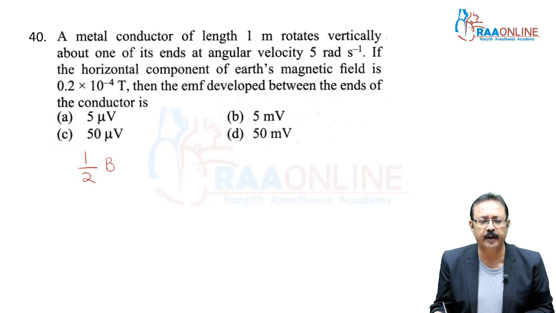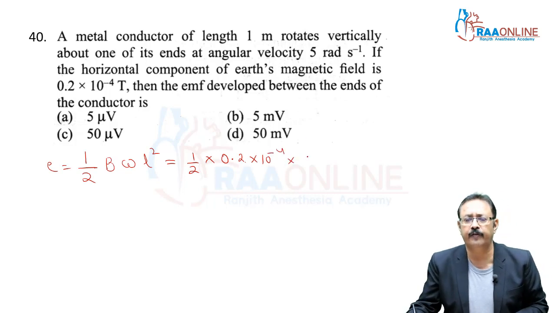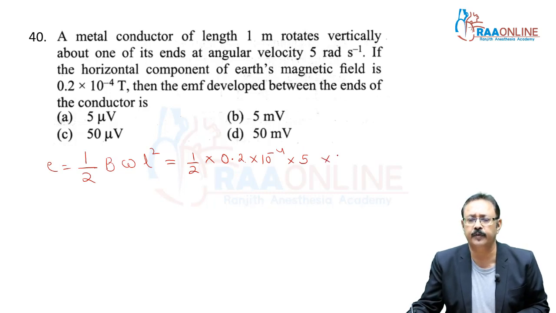So we will go with our formula, what we derived there, half in terms of omega, B omega L square. So everything is given. Magnetic field is 0.2 into 10 to the power minus 4 Tesla. Omega is given 5. L is 1, 1 square is 1. So what we are getting?